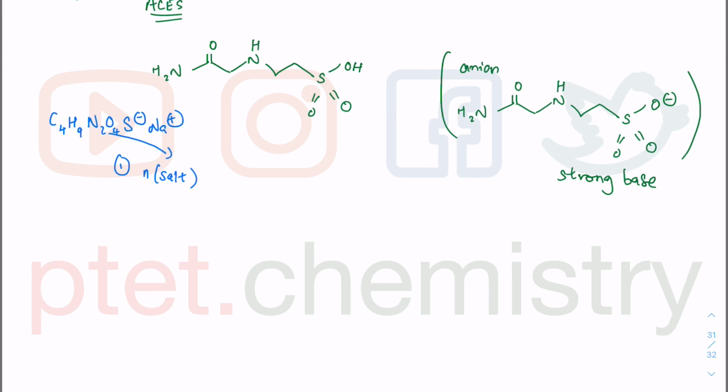That is what they are telling us, and that is actually a strong base because it's combined with the Na+. It reacts with HCl in a 1-to-1 mole ratio. So it's a strong base, it will react with acid. So the mole of the salt. I wonder if I can change the color of the ink.